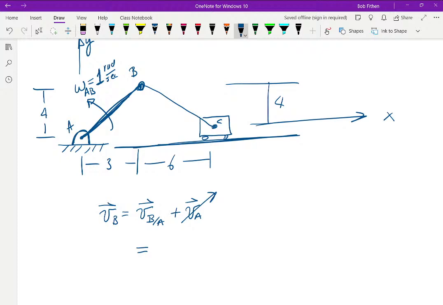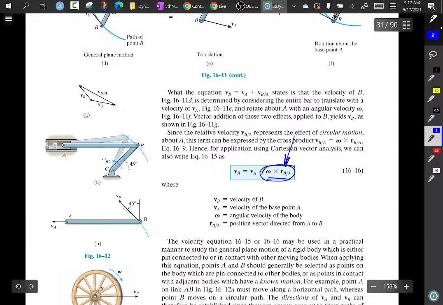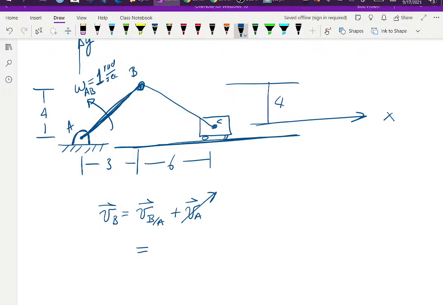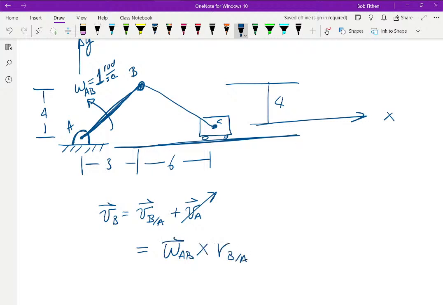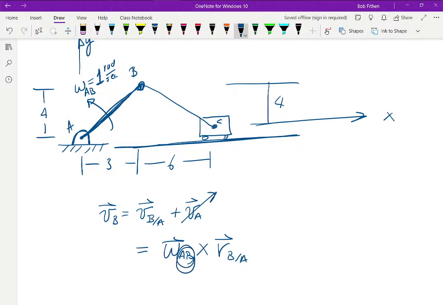So the equation that you saw a minute ago was omega cross R. So this was omega AB cross R B to A. So here's the key. The subscripts here are the same as the subscripts here and here, but they usually write this as AB, the omega of the link AB.